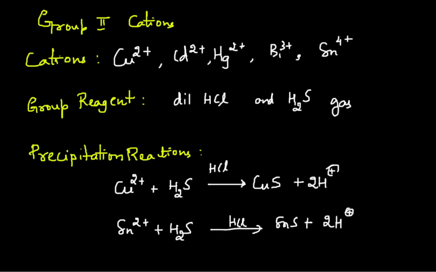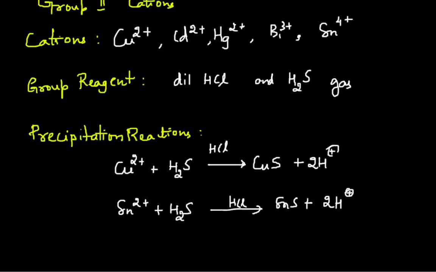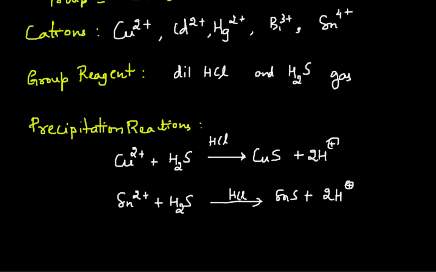Okay, what is the reason? Why do sulfides of group 2 cations get precipitated here? So this is your reason.